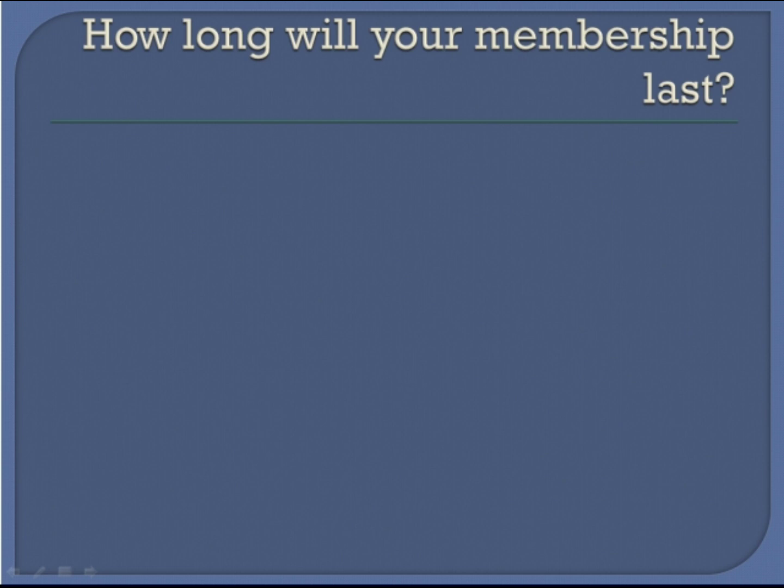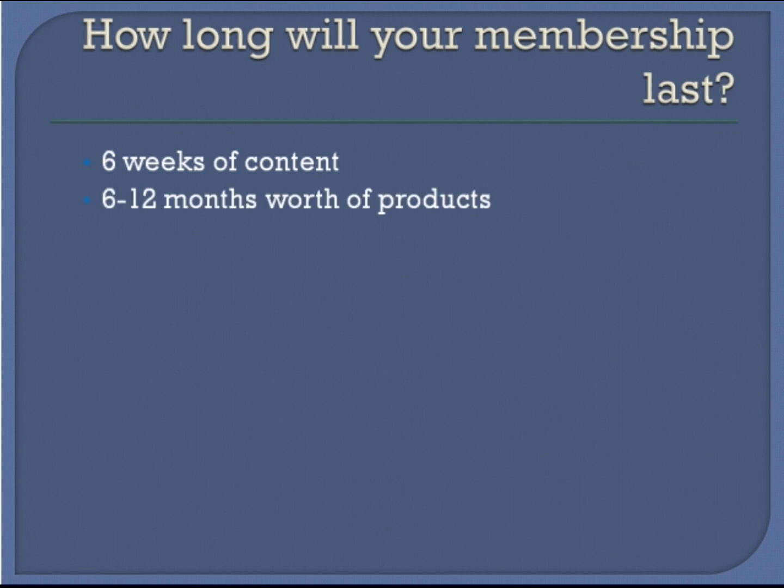Now, what you can do initially is gather all the content and see how much content you have and what kind of content you might need to add. That will tell you how long your membership site will last realistically. You could have 6 weeks of content. You could have 6 to 12 months worth of products.